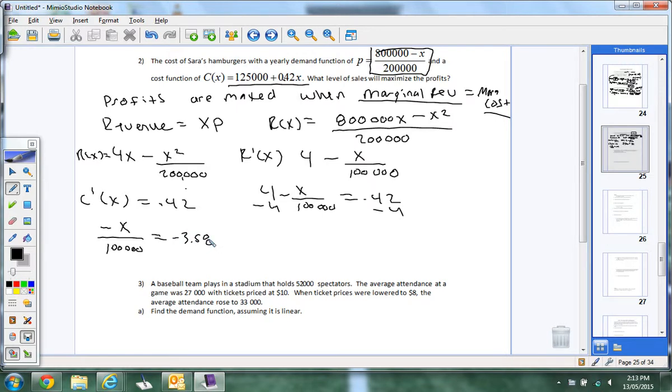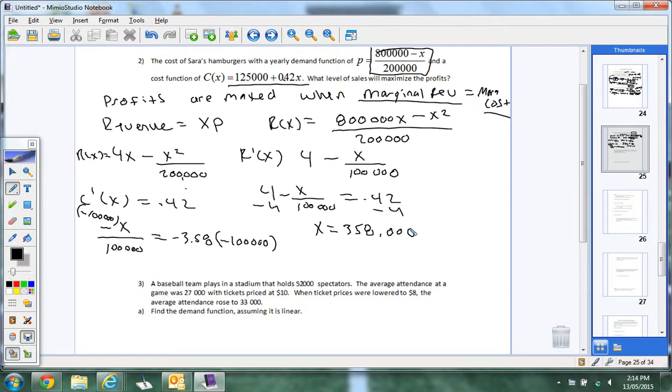And now I'm going to times by a negative 100,000 to get rid of the negative and to get rid of the 100,000, to have x by itself. So you get 358,000 hamburgers will maximize profits.